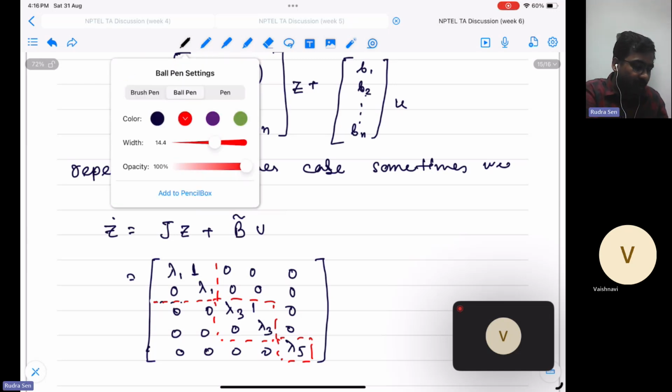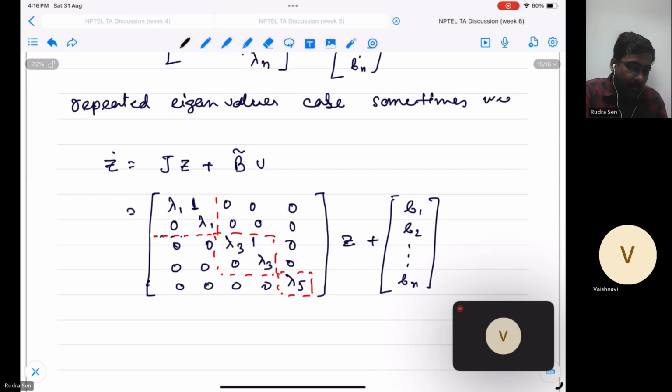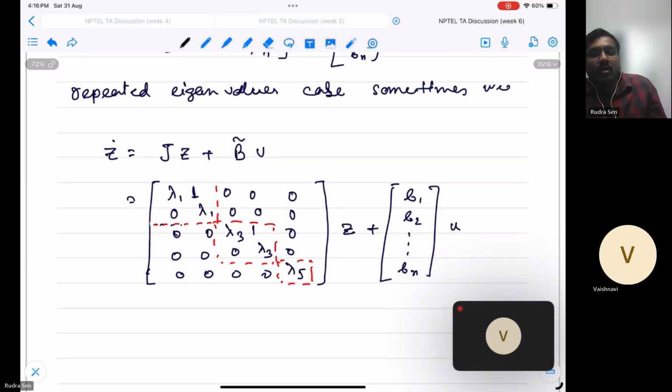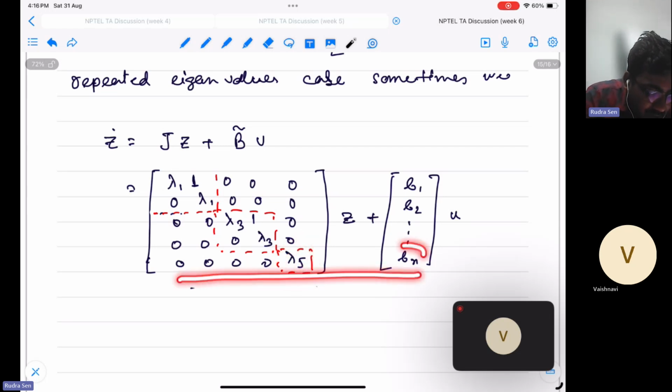So if this kind of structure arises, what would be the condition? The condition would be, since here you can see the distinct eigenvalue is lambda 5, corresponding to this row Bn should be a non-zero element.